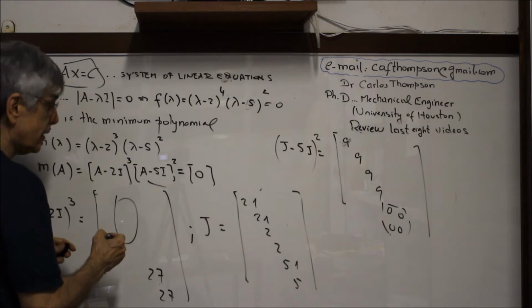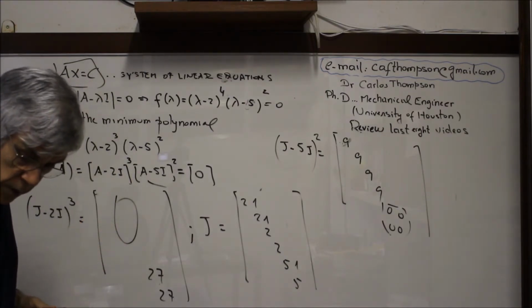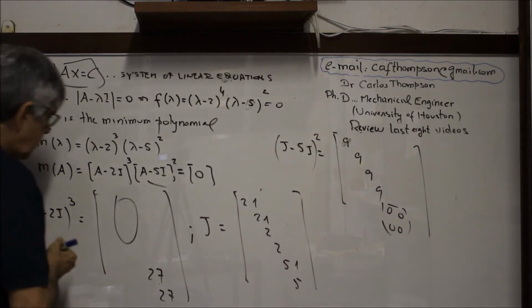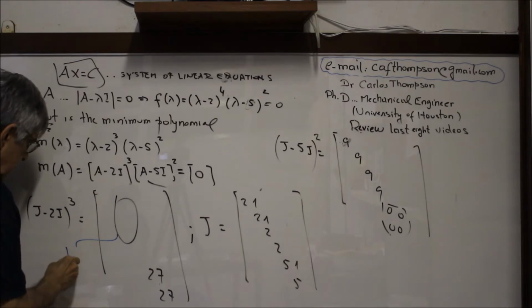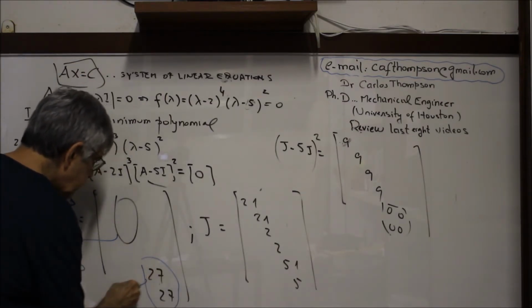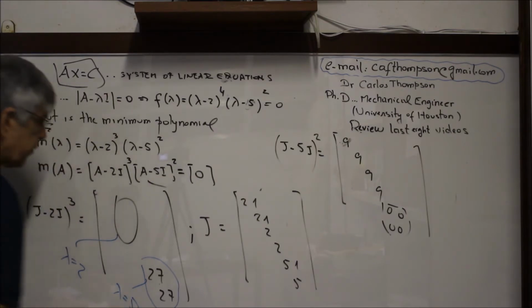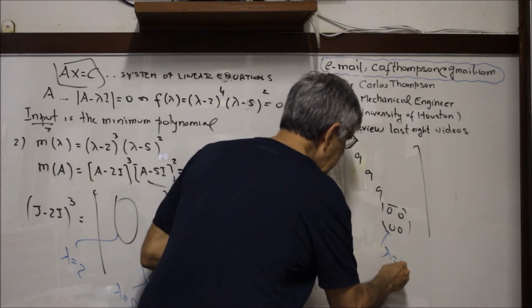Now, as I said in the last video, this 0 here corresponds to lambda equal to 5. This here corresponds to lambda equal to 5.